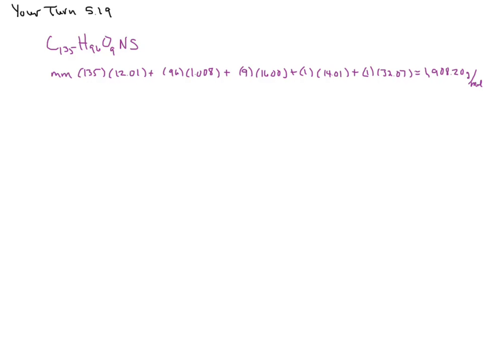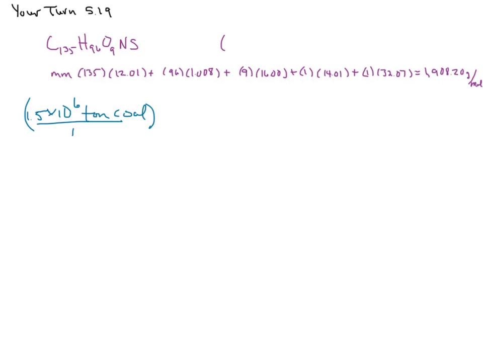This one's Your Turn 5.19, and it's got three parts. A says, based upon this formula for coal, how much carbon would you burn if you burned 1.5 times 10 to the 6th, or 1.5 million tons of coal? How many tons of carbon would you burn?